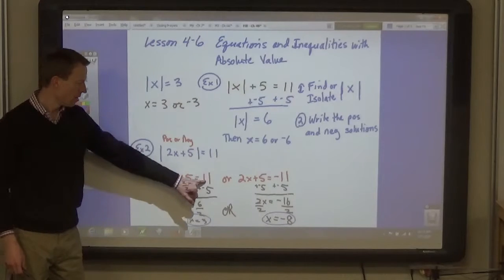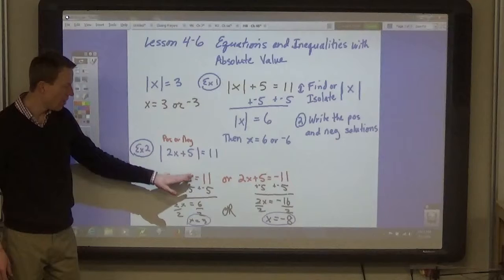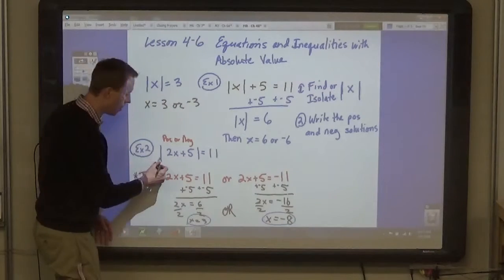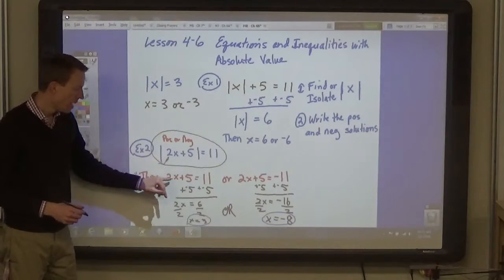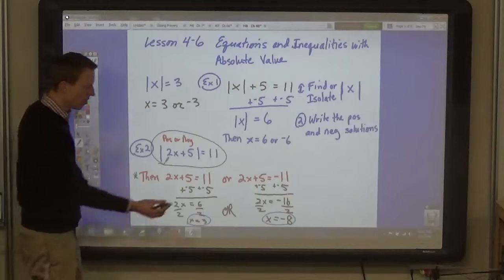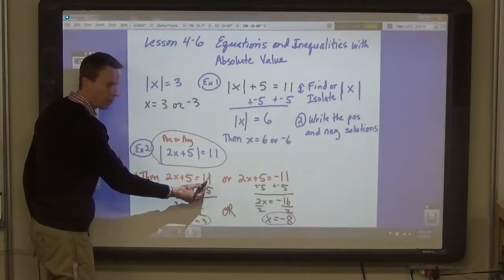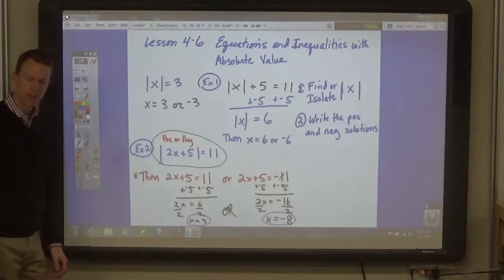You know how to get there from here. How do you get to this point when you're given this? If you're given this, how do you get these equations? You have to write it with positive 11 or with negative 11.